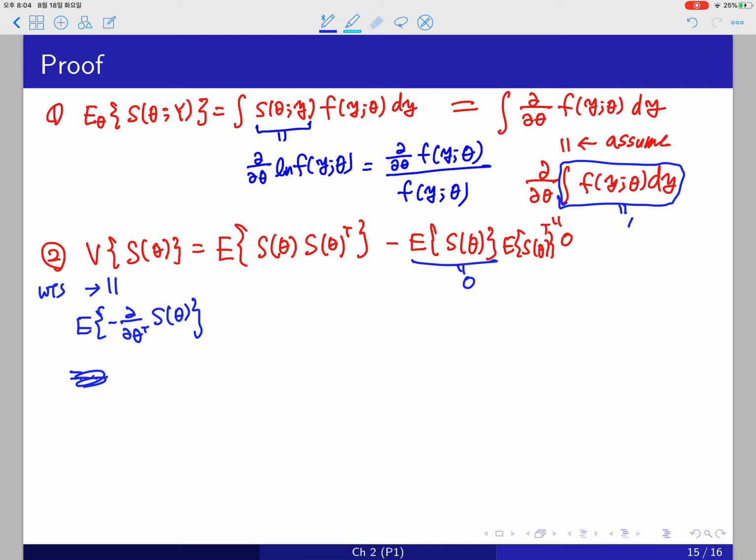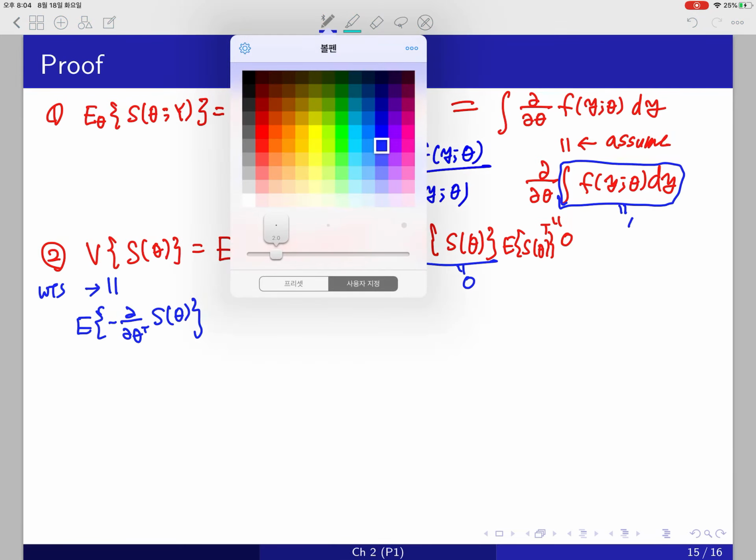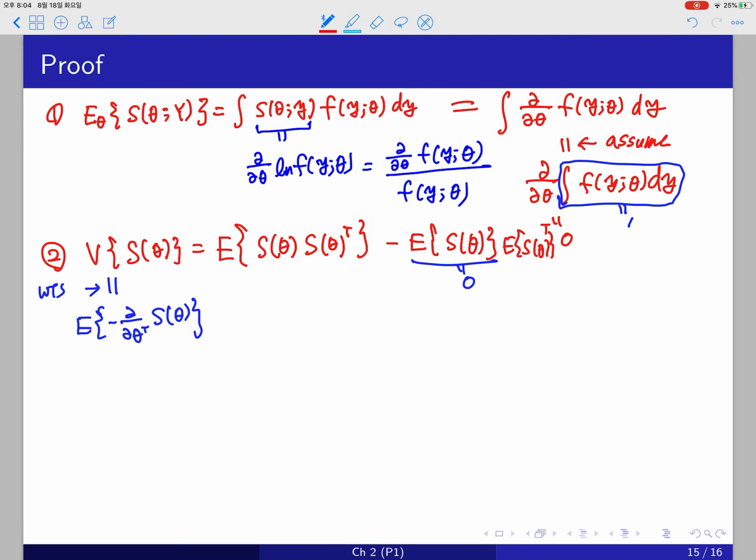Basically we start with this equality: the integral of S(theta, y) f is equal to 0, as we showed already.